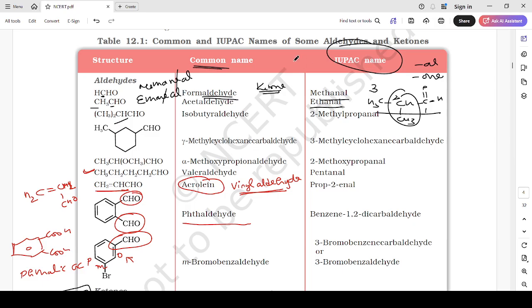As I told you, IUPAC will consist of numbers. No Latin or Greek symbols here. This is 1. The carbon that is bearing CHO is 1. 2, 3. What is present at third? Methyl. 3-methyl cyclohexane carbaldehyde. We have seen this usage of carbaldehyde whenever the cyclic ring is attached with aldehyde.